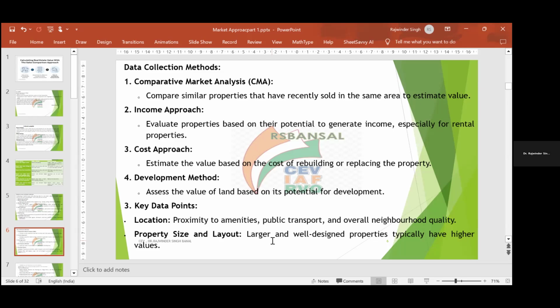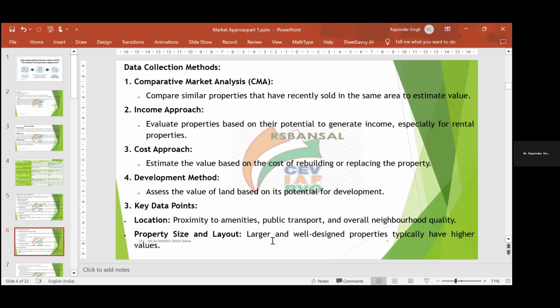Second, you can use the income approach method. From the rental values, you can calculate the value of the properties that have been sold. And then from the cost approach, which we will be doing after the market approach, you can calculate the cost of rebuilding or replacing the property.